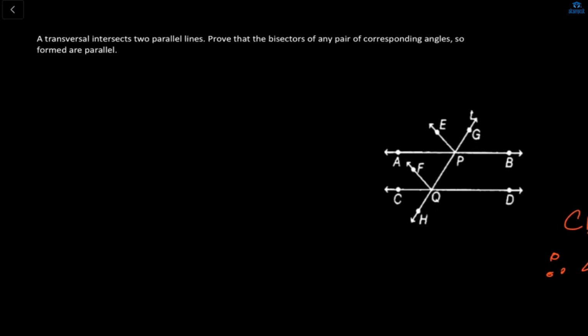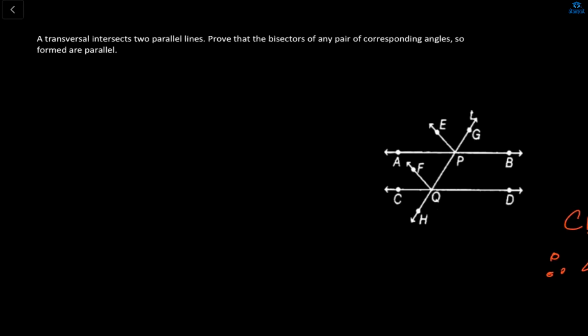If you see the other side, LPB is also a corresponding angle, and in fact, these are also corresponding angles. So you can choose any pair. It is written for any pair. I'm rubbing this out for no more confusion. Now I have chosen the angle LPA.